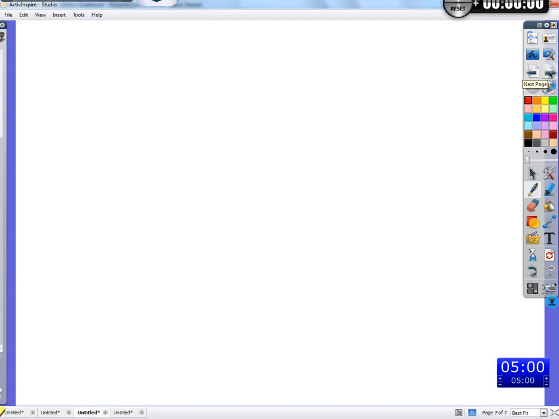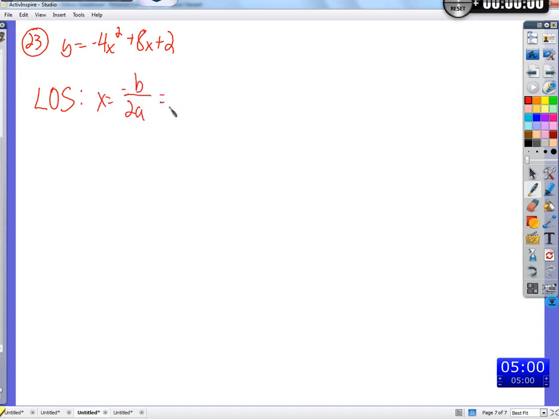So, just as an example, if we look at 4.1 again, number 23, we can find that line of symmetry. x equals negative b over 2a.